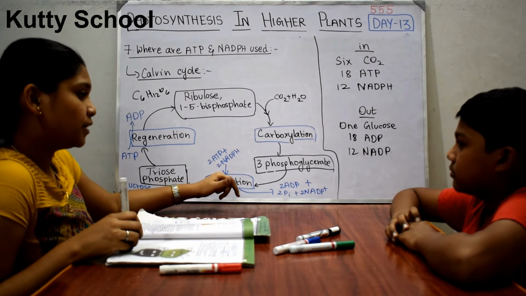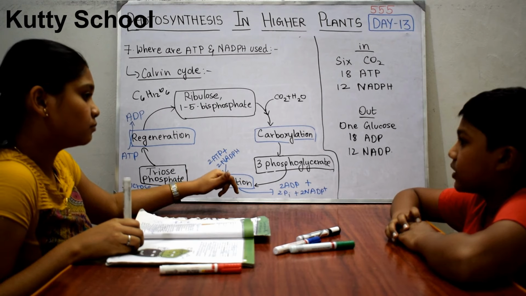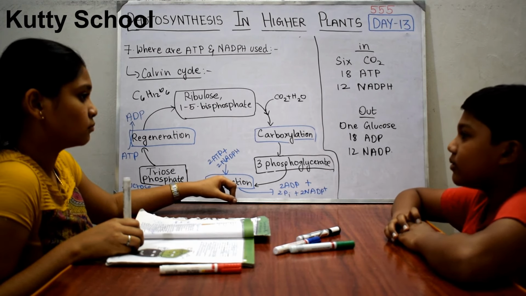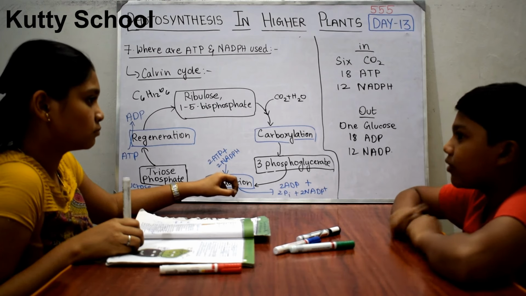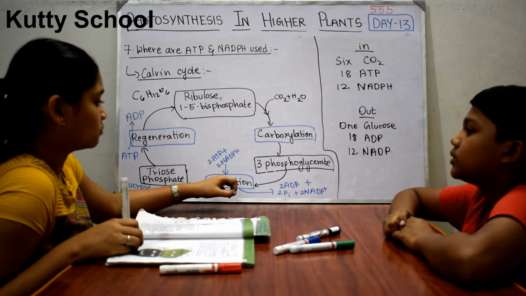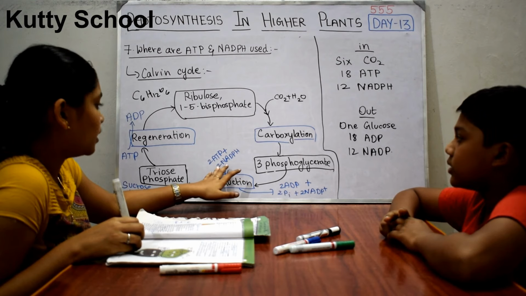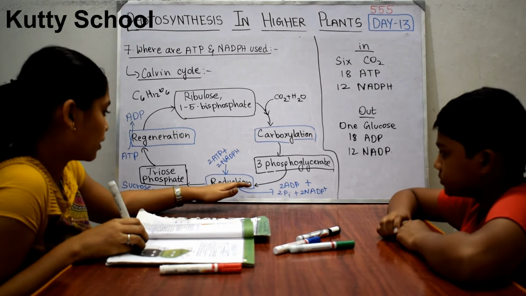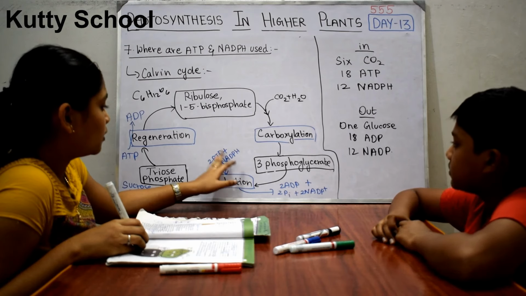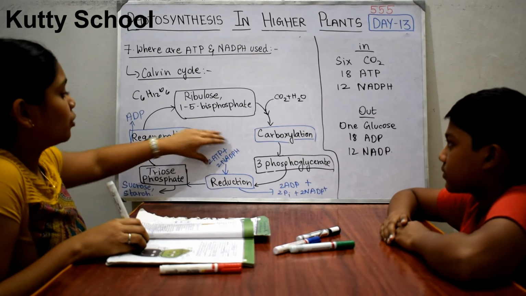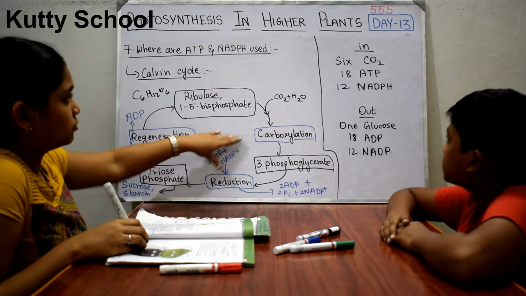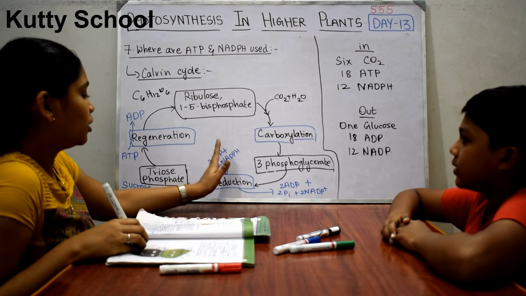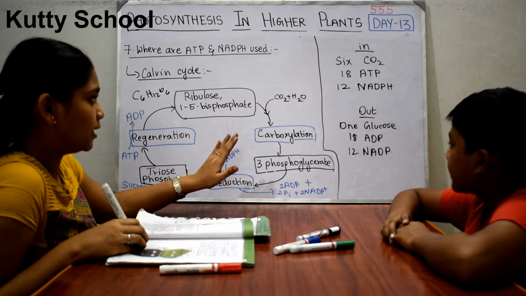How many NADPH are used for 1 carbon dioxide? 2 NADPH plus H are used and it releases 2 NADP+. For 6 carbon dioxide it is 2 into 6, which is 12 NADPH.